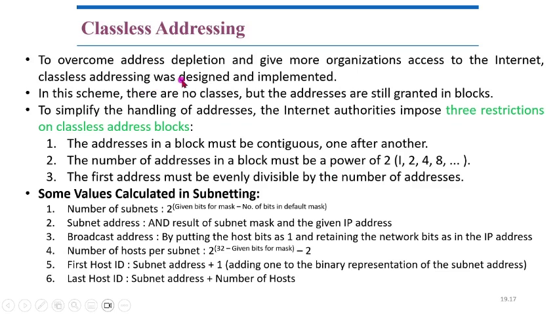To overcome address depletion and give more organizations access to the internet, classless addressing was designed and implemented. In this scheme there are no classes, but addresses are still granted in blocks. To simplify the handling of addresses, the internet authorities impose 3 restrictions on classless address blocks.